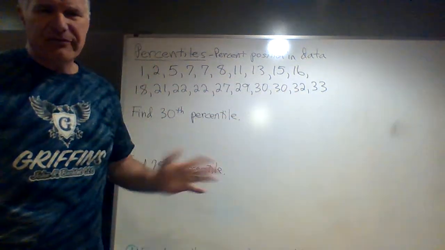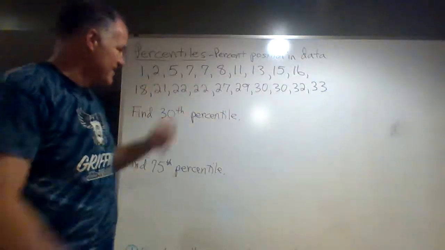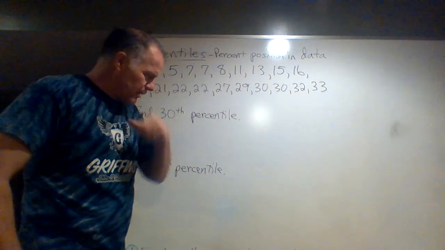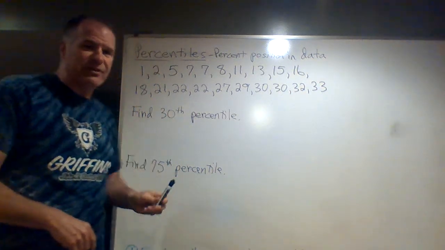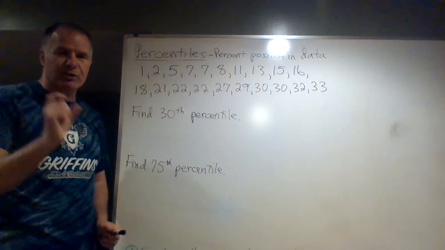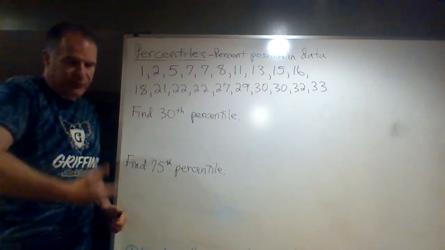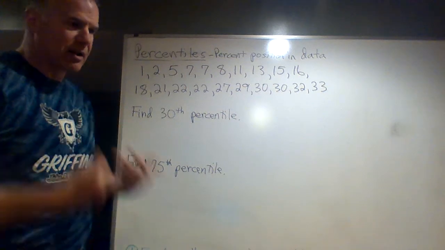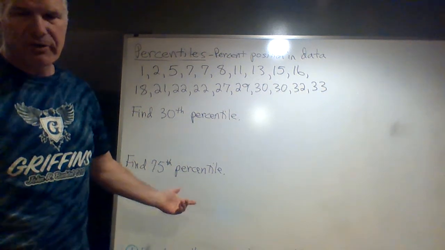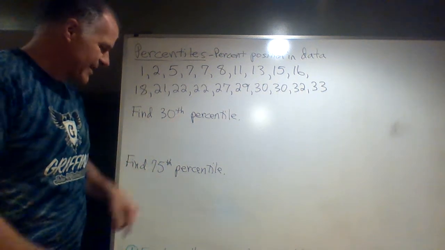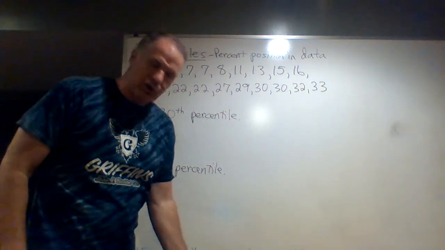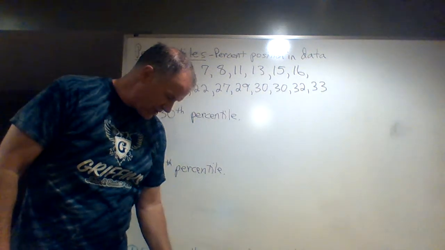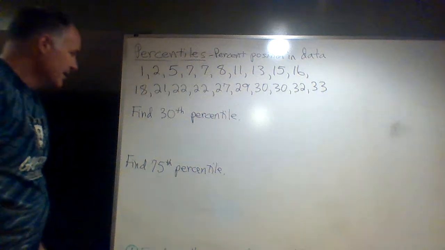So 7.5 would be in between, which doesn't really make sense. You have to find a percentile that has a certain position, like we found the 7th position or the 12th position. It wouldn't make sense to give you a percentile that doesn't fit the data.